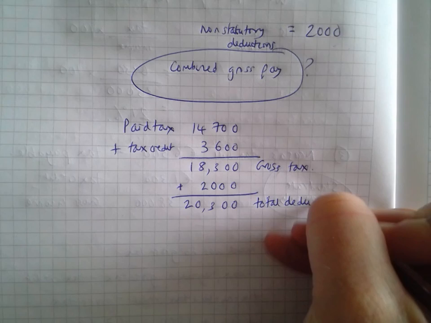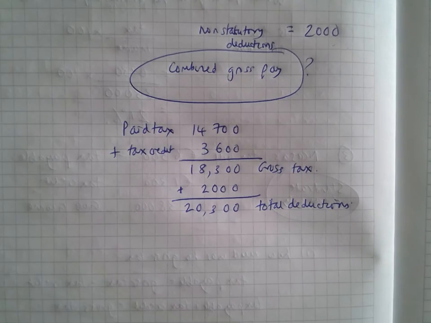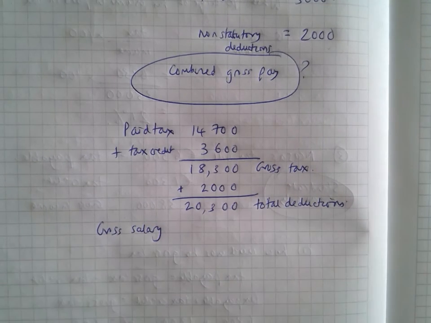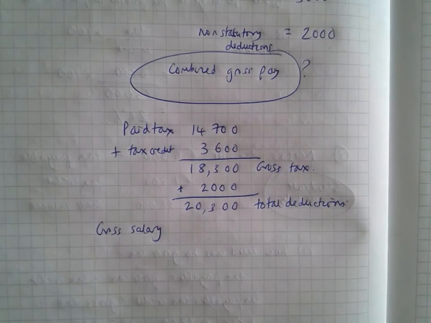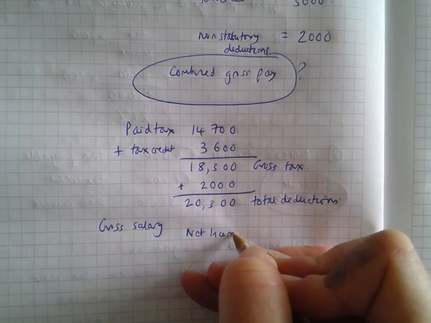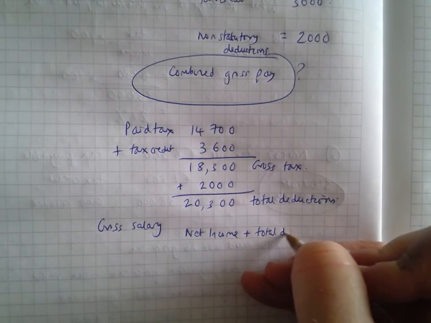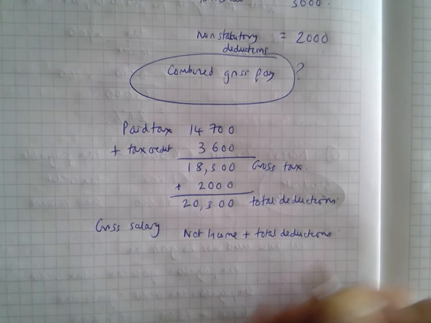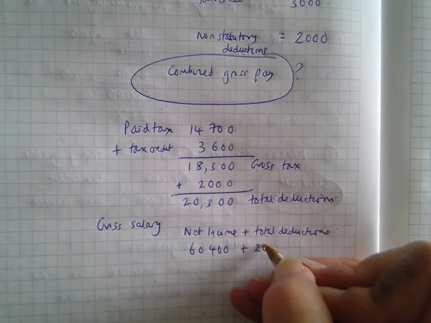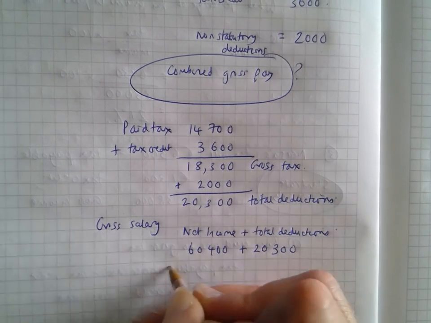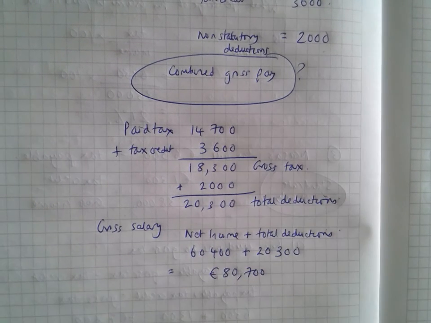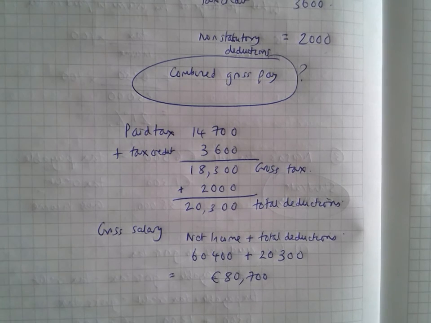So if they hadn't made those deductions, then their gross salary, which is before any deductions are made, would have been their net income, what they ended up taking home, plus their total deductions. So these are all working backwards. Their net income is 60,400, but they gave to the taxman and others 20,300. So their gross salary was 80,700.